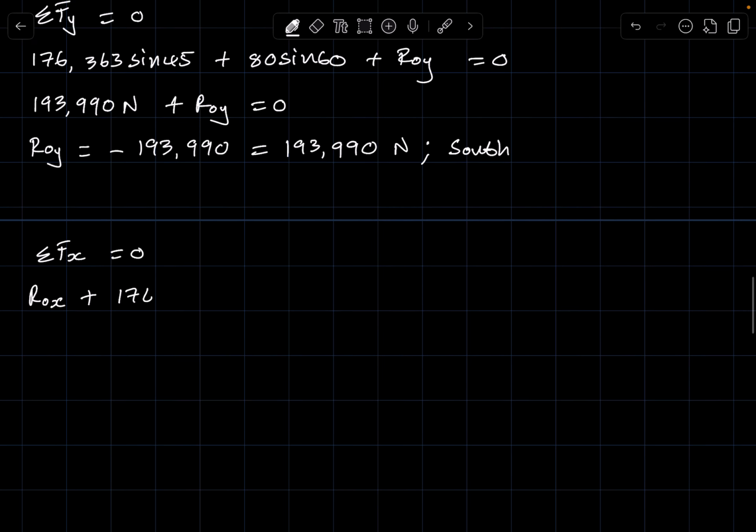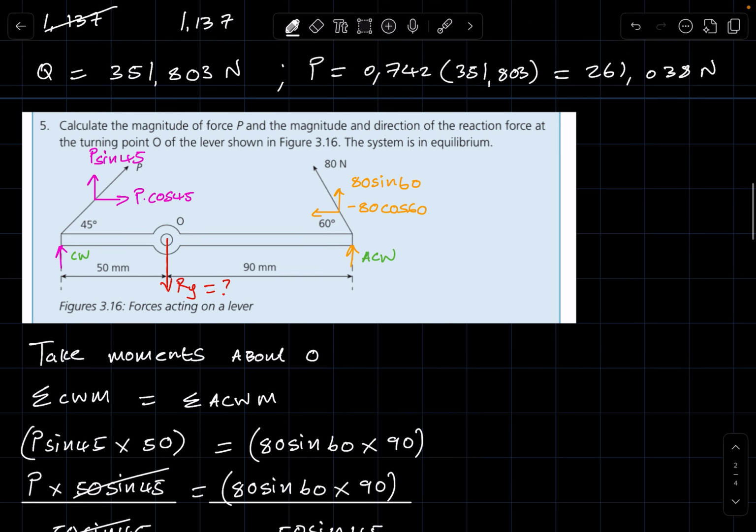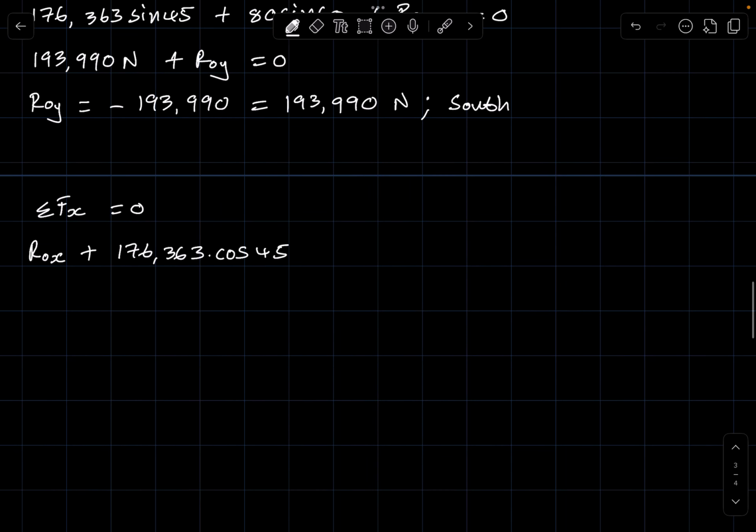P is 176,363 cos 45. And then this one is headed west, so it's negative, so minus 80 cos 60 is equal to 0.